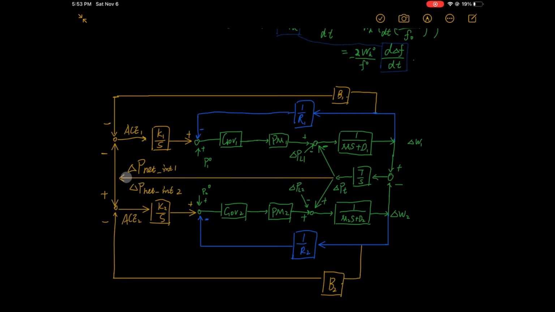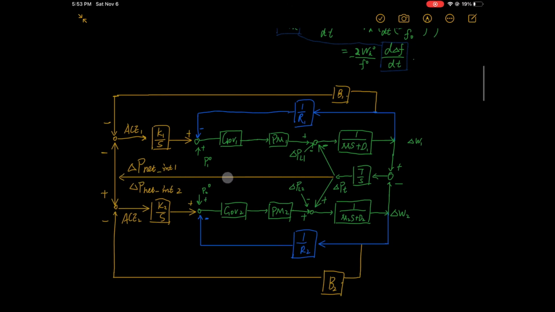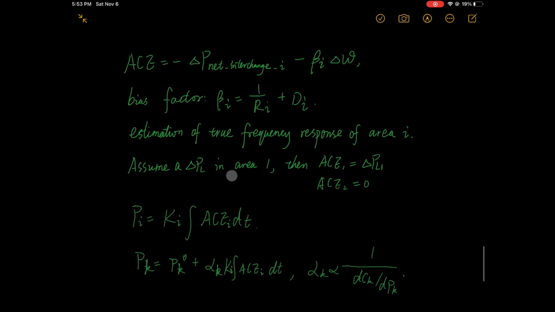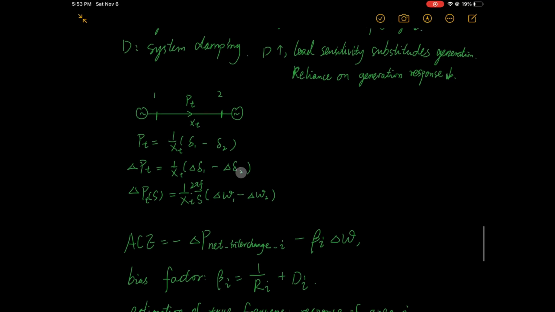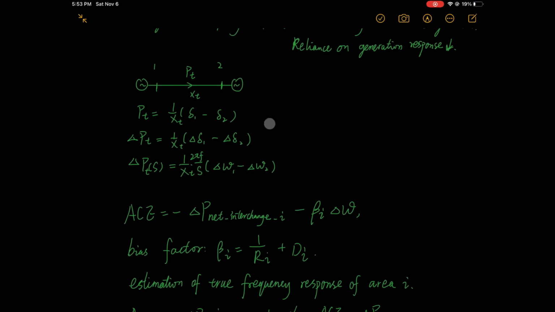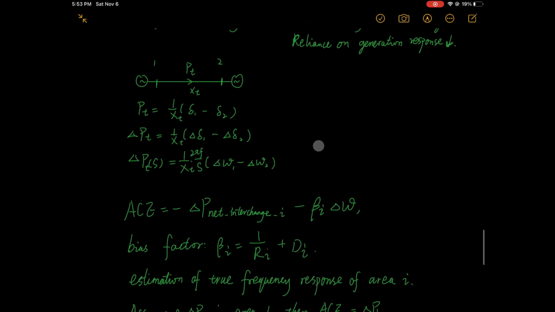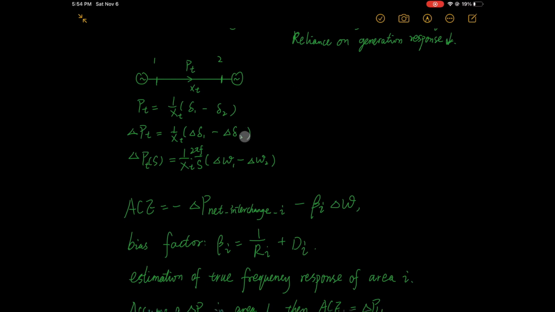We can check this by DC power flow calculation, and the derivative of angle is frequency, and we can do a Laplace transform. This means in two synchronous areas, if there is a disturbance in only one area, then both areas will be involved in inertial response and primary frequency control.